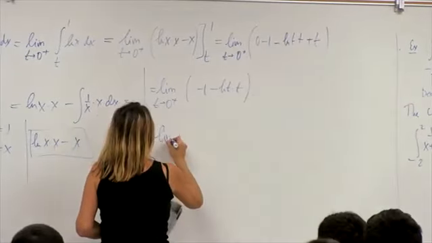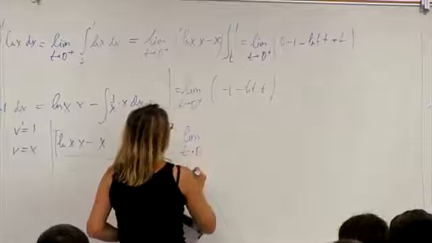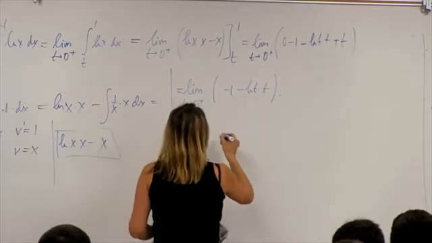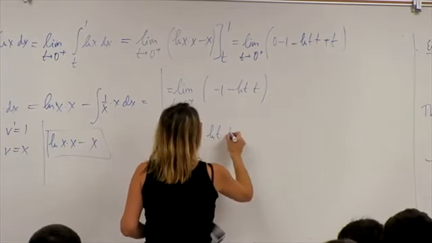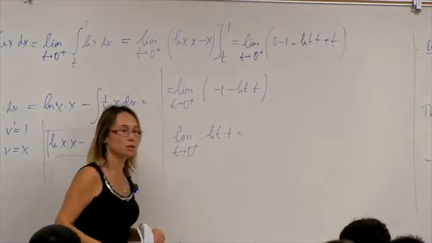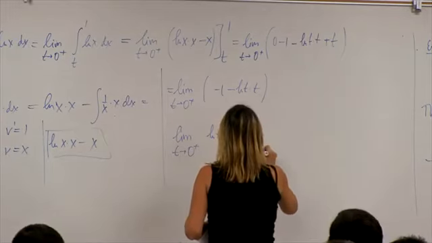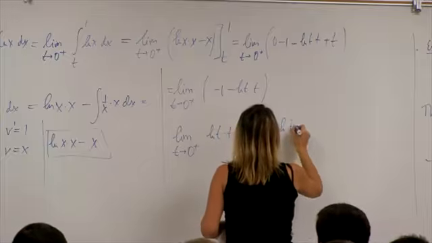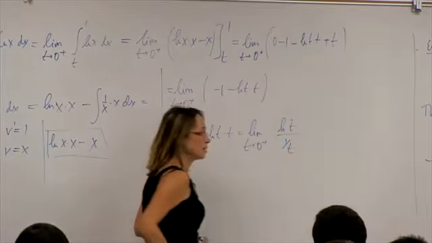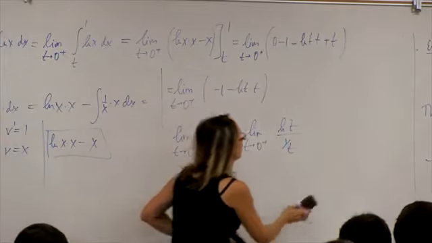So what is the limit as t goes to 0 of log t times t? We have to turn this into an indeterminate fraction: limit of log t divided by 1 over t. And then we take the derivative by using L'Hopital's rule.